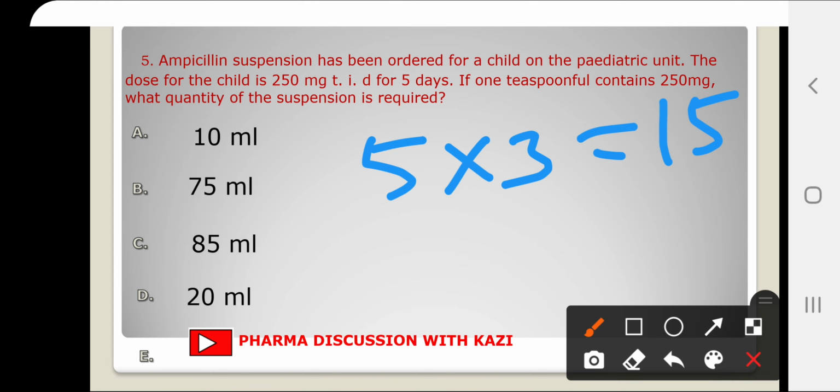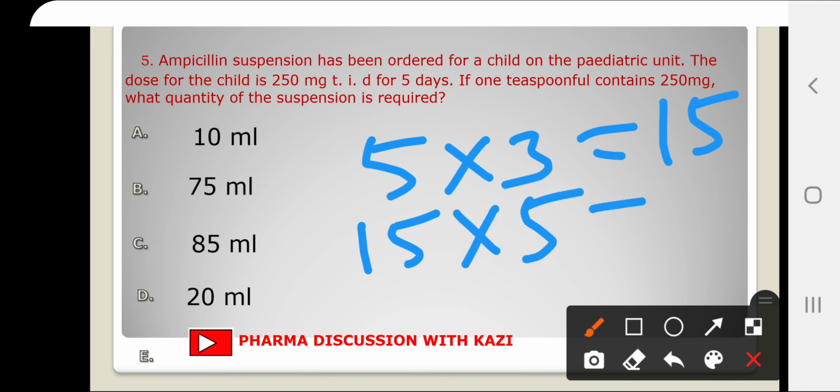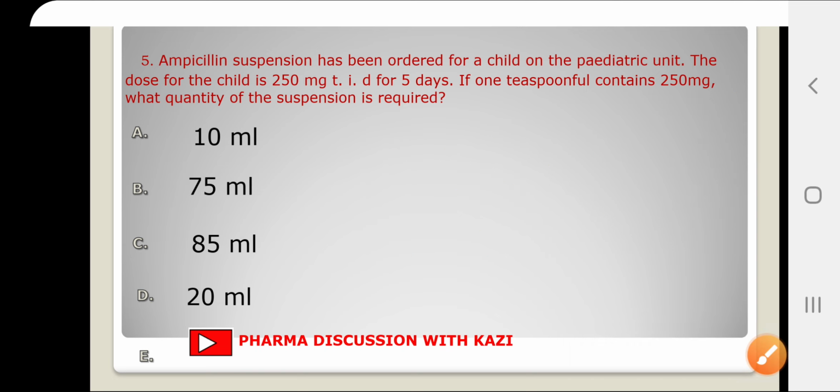Now 1 dose contains 5 ml, so 15 doses contain 15 into 5 equals 75. So the amount of ampicillin suspension will be 75 ml. That is option B.